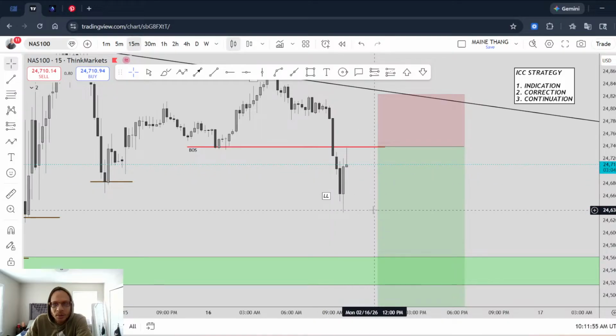Trying to see if this candle closes bearish.